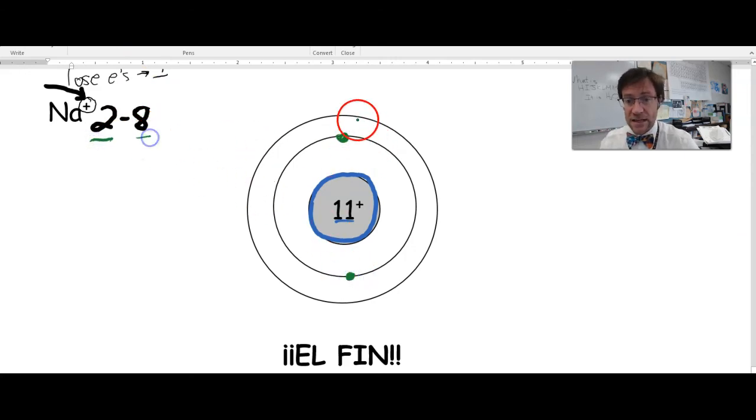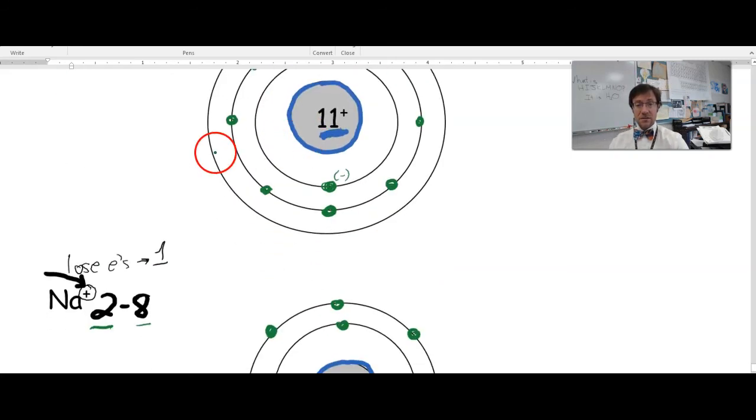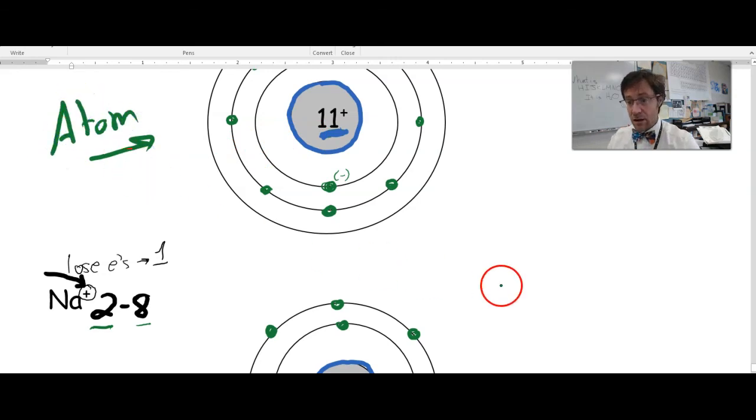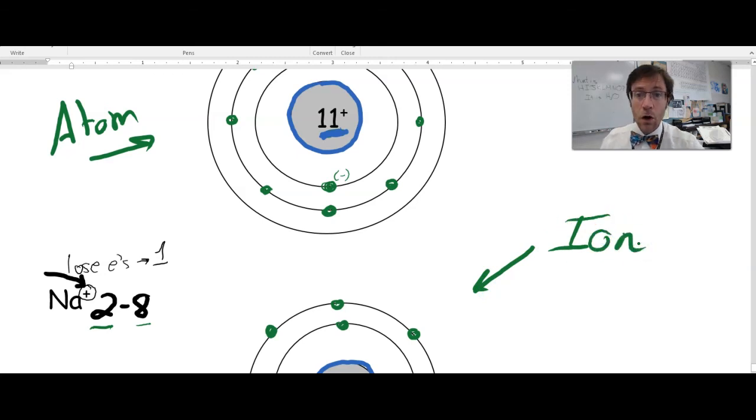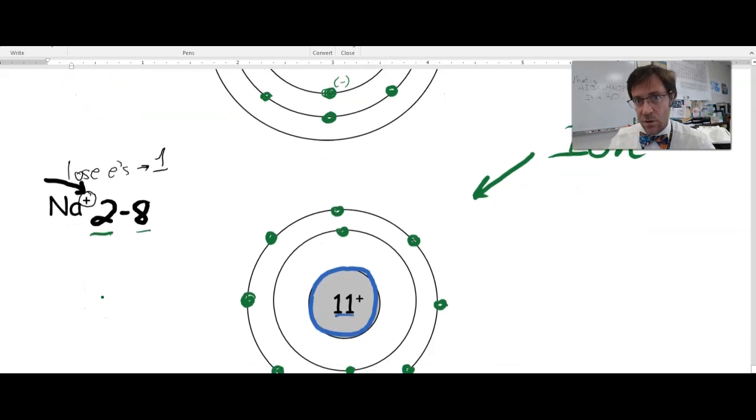Our second shell has 8, 1, 2, 3, 4, 5, 6, 7, 8. And you can kind of see this one, the atom, is bigger than the ion. Because as you all know, the ion has lost its outer shell. The outer shell is just gone. And that's why it's smaller.